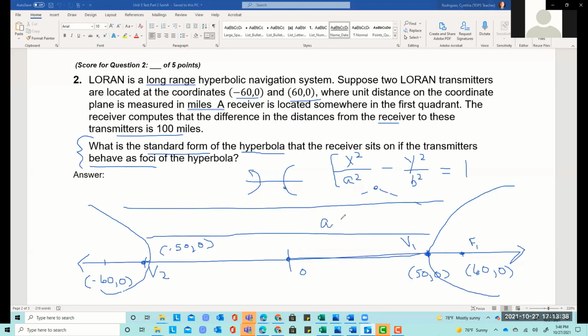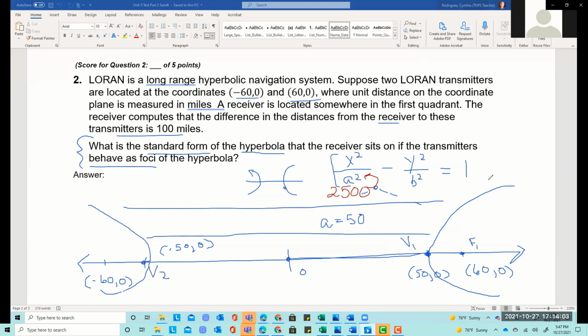That is 50. That's going to be A. So what is A squared? A squared would be 50 squared. Let me pull up my calculator. 50 squared is 2,500. So I'm going to substitute 2,500 where the A squared is.